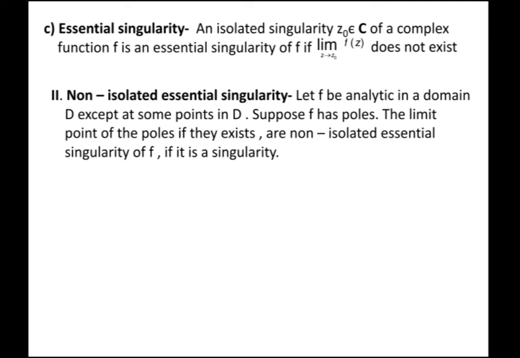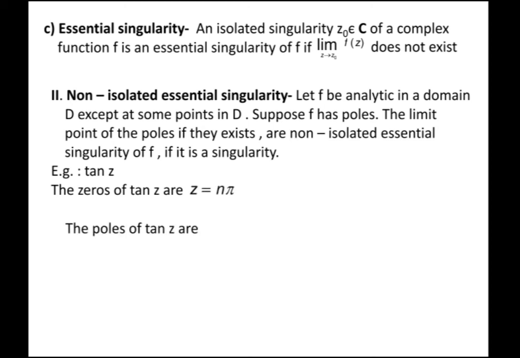Now look at an example. f of z equal to tan z. Then clearly the zeros of tan z are z equal to n pi and the poles of tan z are z equal to (2n plus 1) pi by 2, right? So here we have z equal to n pi tends to infinity as n tends to infinity.